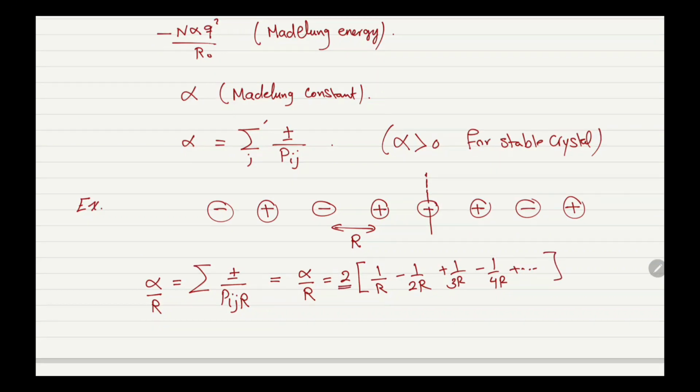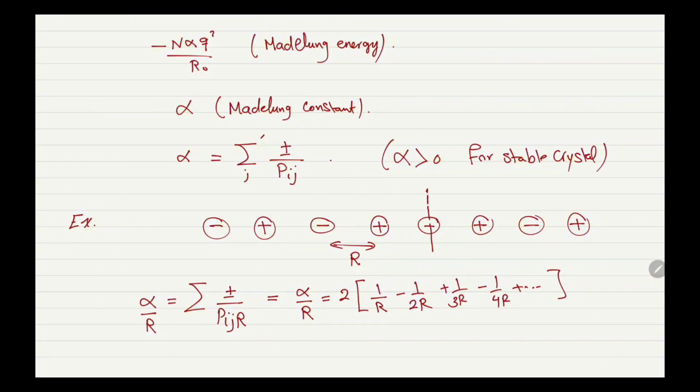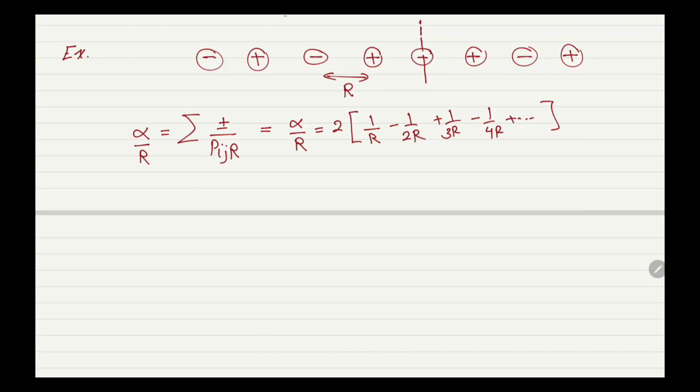The 2 here is because we are counting ions to the right and to the left of the reference point. And alpha equals 2 times [1 minus a half plus 1 over 3 minus 1 over 4 plus, and so on].